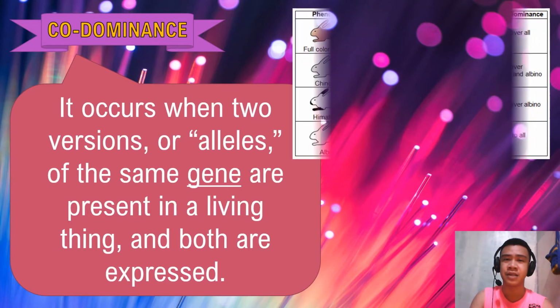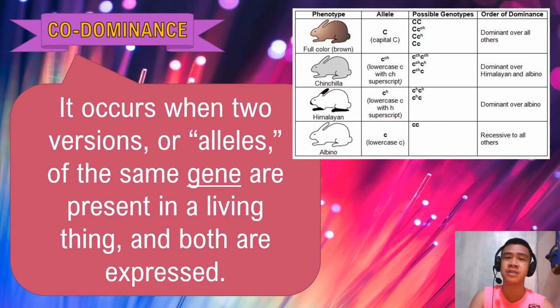For example, coat color of rabbits can appear as four common phenotypes: black or full color brown, chinchilla, the Himalayan, and albino. Full color brown is dominant over all the others. Chinchilla is dominant over only two, Himalayan and albino, and Himalayan is dominant over albino, and albino is recessive to all.